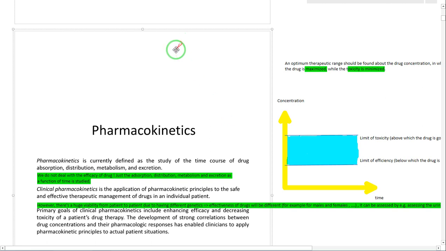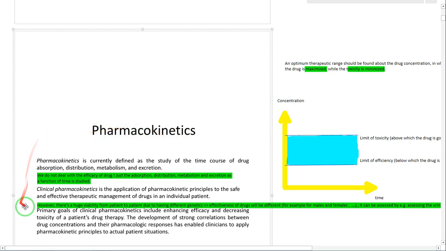For example, we administer the drug and we want to realize how it is going to be absorbed by different tissues and different target sites, how it is distributed in the body, how the metabolism takes place, and how much of this drug is going to be excreted from the body. All of these are studied when we deal with pharmacokinetics.